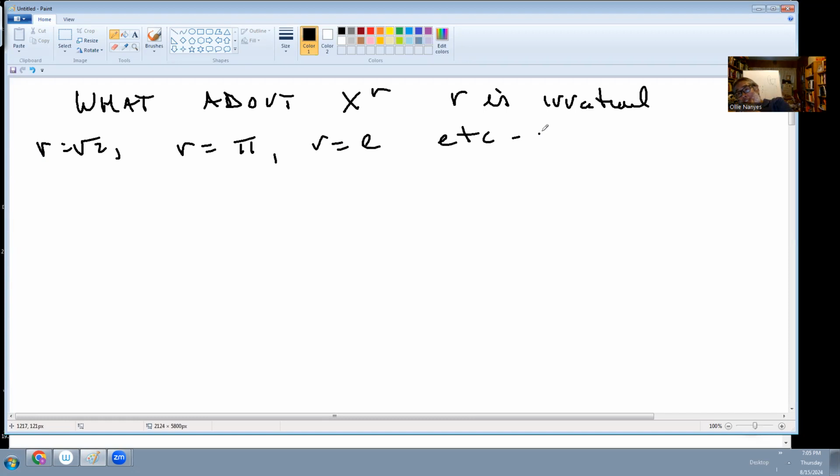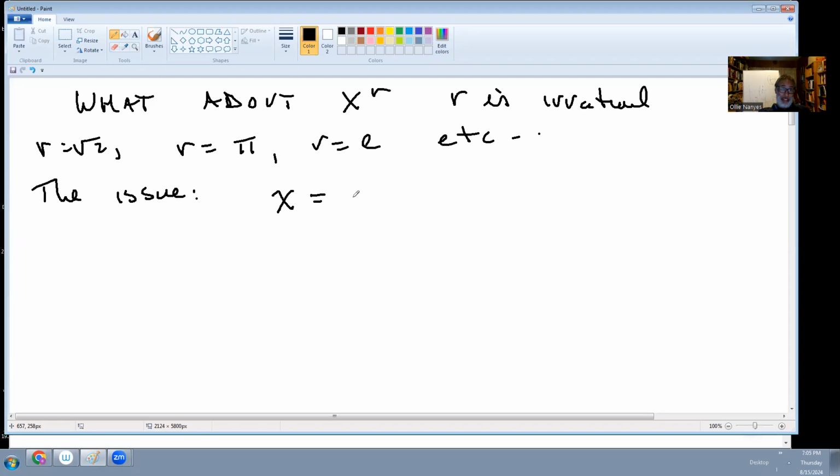Now, the thing is, and here's the problem. The issue is that in order to even define what x to the r really is, the classical definition is to develop exponentials and to develop the log function first.